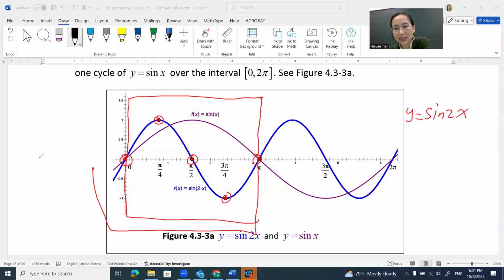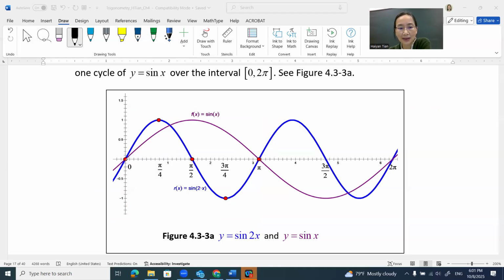So this 2 didn't affect the amplitude. It is in the sine function, and it affected the period, because this is already one period. This one period is pi. You see from 0 to pi, so that is the length of one period.